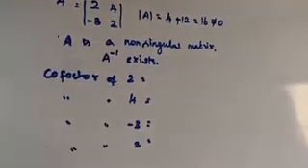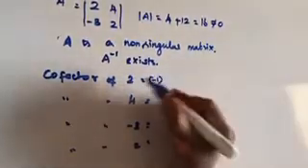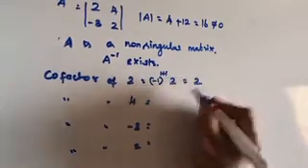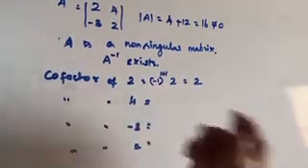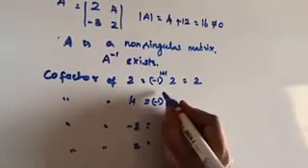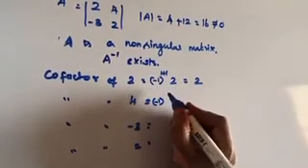Shall we calculate it? Minus 1 power 1 plus 1, the first row, first term, is 2. Similarly, for cofactor of 4, it is the first row, second column.